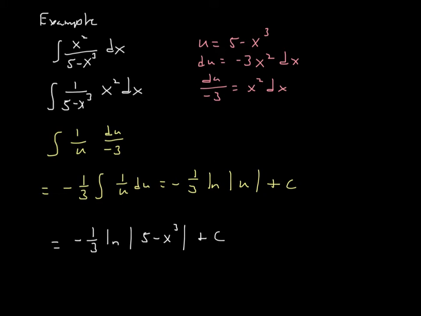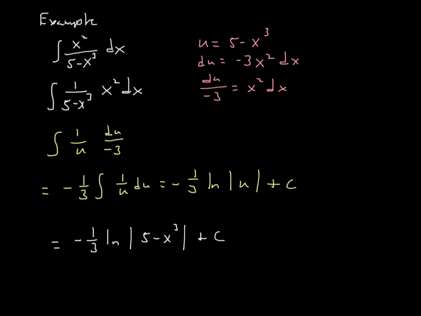Then I take the derivative. Du is going to be, derivative of 5 is 0, so negative 3x squared dx. Then I divided by the negative 3, so I got du over negative 3 equals x squared dx. Now I can make that substitution.